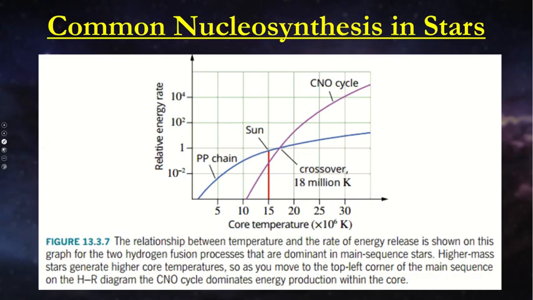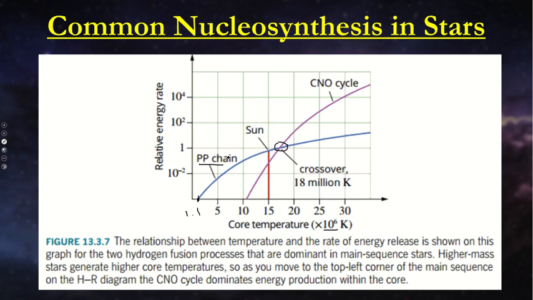If we compare the proton chain and the CNO cycle, you can see there's a temperature range where one is more favored than the other. For the proton chain to occur, we need about 1.1 times 10 to the power 6, so about 1 million Kelvin, inside the core of the sun.